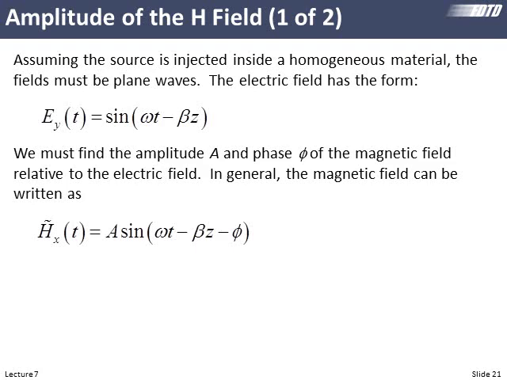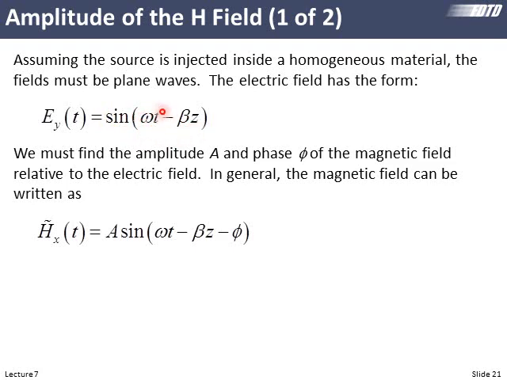So let's go back and think about the amplitudes. Let's start off with the electric field being the fundamental thing, and then calculate the amplitude and phase of everything else for the magnetic field. So let's say we start off with our source, the electric field, just being a sine wave, and we'll make it unit amplitude. That's very common in modeling. So it has a frequency term and a spatial term.